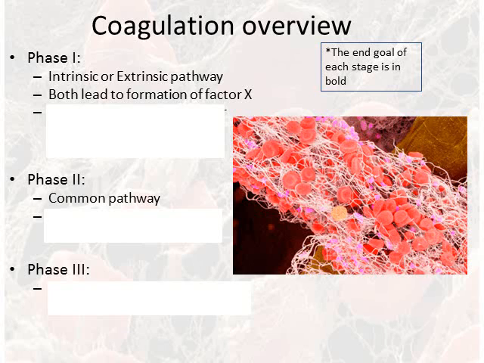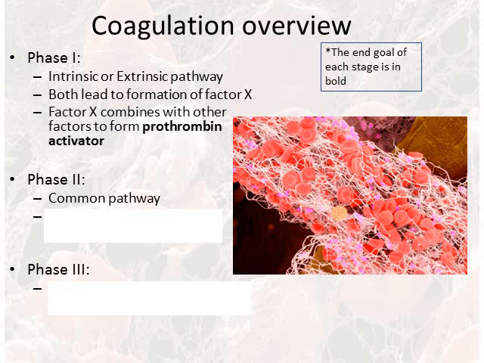So phase one, the goal of phase one is to form factor 10. Okay, factor 10 is the end goal. Factor 10 is going to combine with other factors to form prothrombin activator. So that's really the end goal of phase one. But first of all, we have the intrinsic and extrinsic pathway, which both lead to factor 10, and then factor 10 leads to prothrombin activator.